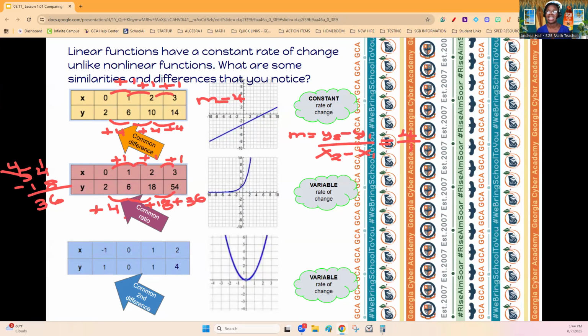All right, so it does not have a constant rate of change. It has a variable rate of change. Anytime there is a variable rate of change, it is nonlinear. And you can look at the graph and see that it's nonlinear. Okay, so when your rate of change is not the same, we call that nonlinear.